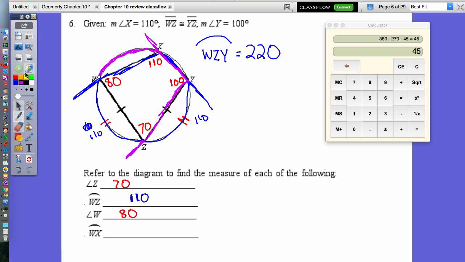So this WZ is part of that large arc. Okay? So arc ZWX is 200 degrees. I want just W to X. I know that this part is 110. So just W to X would have to be 90.